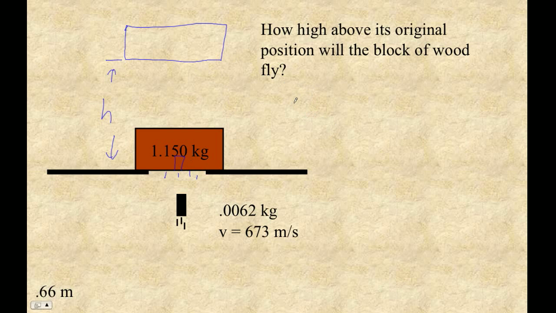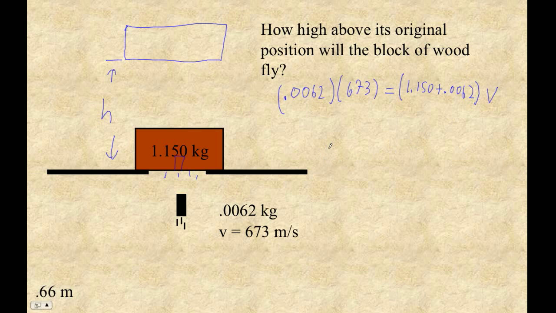Okay, so the momentum equation, let's assume that this is the velocity just before it strikes the block, right? The momentum one is 0.0062 times 673 equals, and then what is that? That's going to be 1.150 plus 0.0062 times v, right?